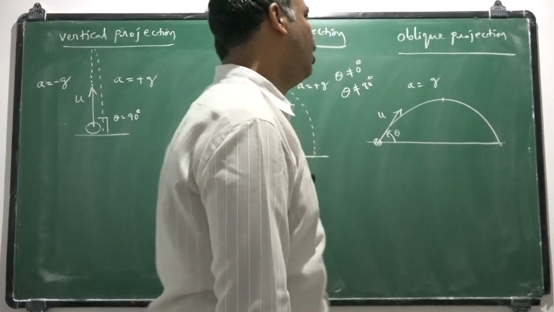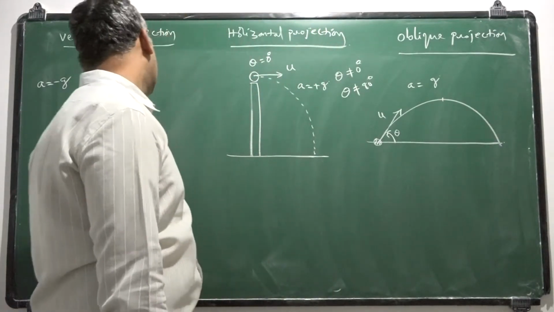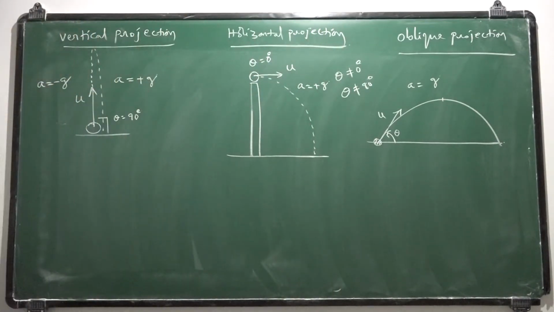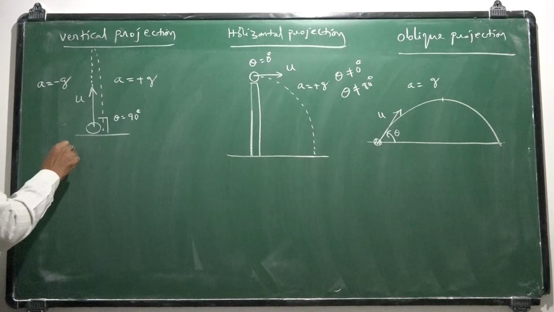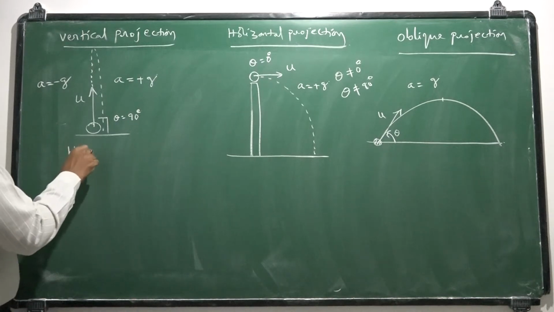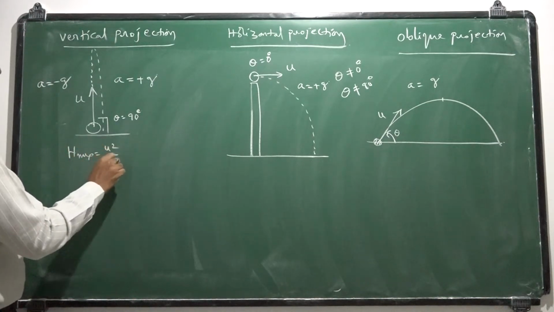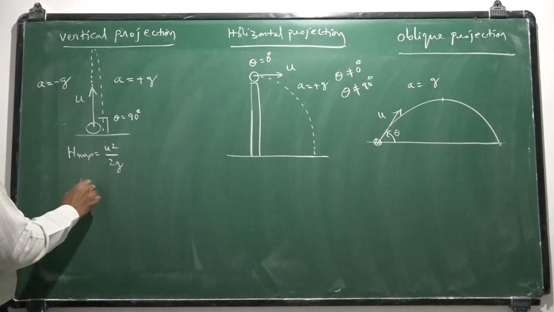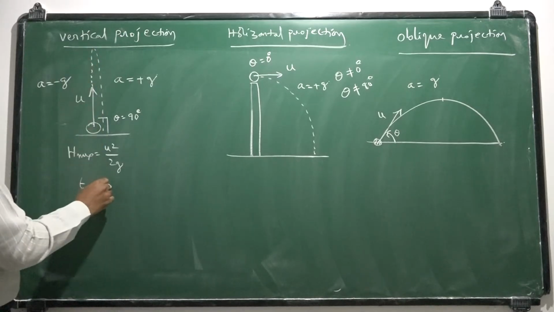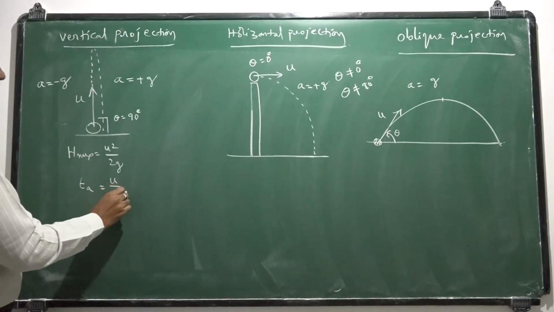So depending on the situation, different formulae we can derive. Already we revised this concept yesterday. What is the expression for maximum height reached? u square by 2g. What is the time taken by the body to reach the maximum height? Time of ascent is u by g.